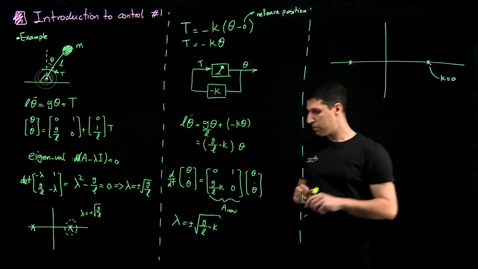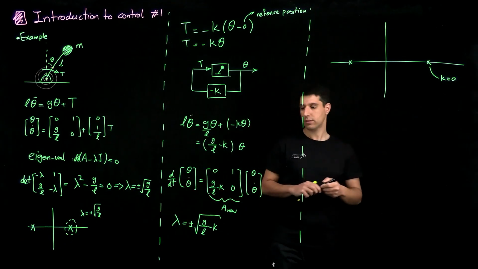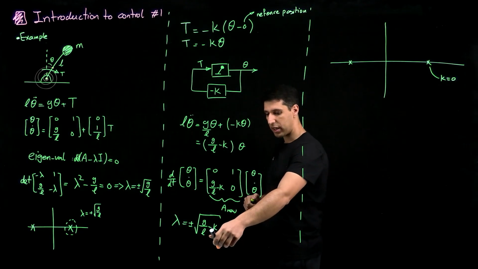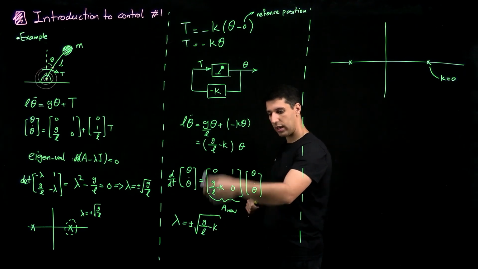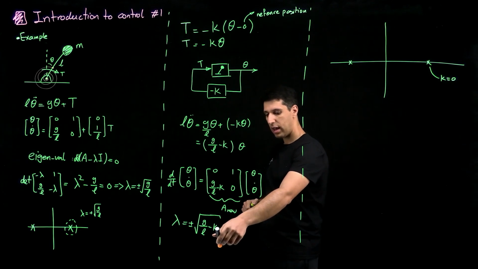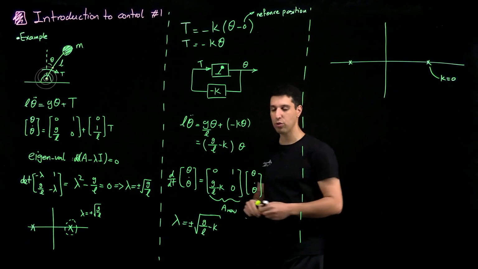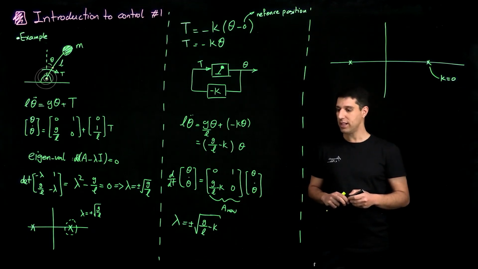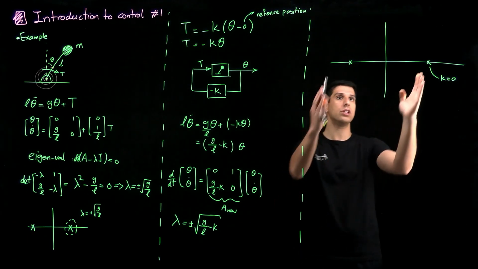As I increase my K, maybe let me try a different color. As I increase my K from 0, so this G over L is a number like, I don't know, 8.2, and K is 0.2, so 8.2 minus 0.2 is 8, so I have now plus minus the square root of 8, which is smaller.